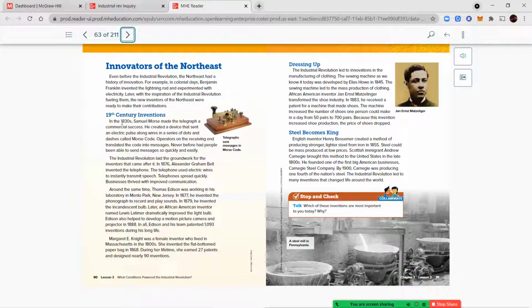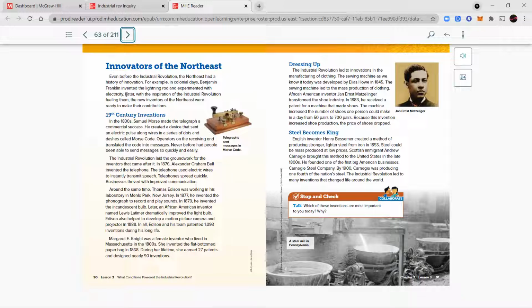Innovations of the Northeast. Even before the Industrial Revolution, the Northeast had a history of innovation. For example, in colonial days, Benjamin Franklin invented the lightning rod and experimented with electricity. Later, with the inspiration of the Industrial Revolution fueling them, the new inventors of the Northeast were ready to make their contributions. 19th century inventions.